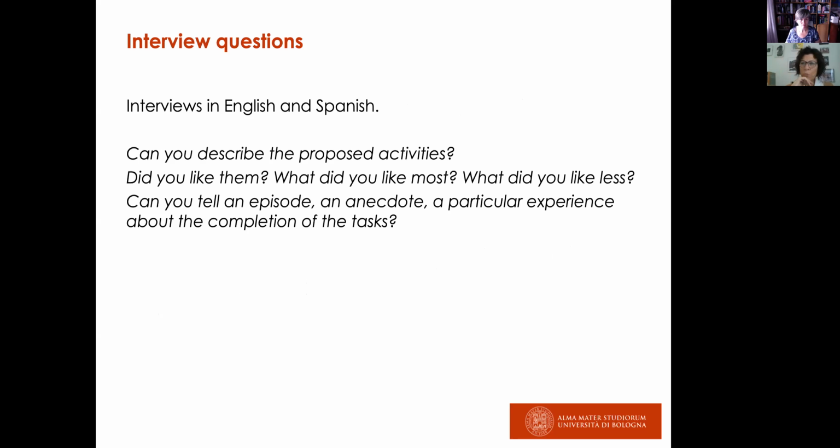The interview was composed of 3 questions. The first 2 questions refer to the research question about how the students engaged with the activities and their level of commitment. We asked them, can you describe the proposed activities? Did you like them? What did you like most and what did you like less?